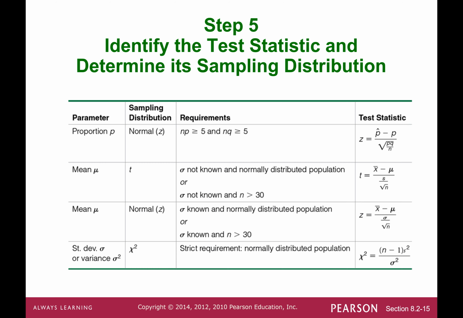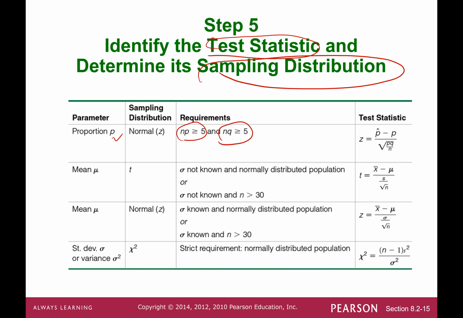Okay, and then we move on to step 5. Then we start to identify the test statistic and determine the sampling distribution. So if you're testing for population proportion P, use a Z distribution, normal distribution, requirements np greater than 5, nq greater than 5, and the sample is a simple random sample.